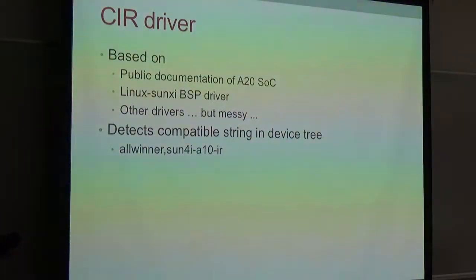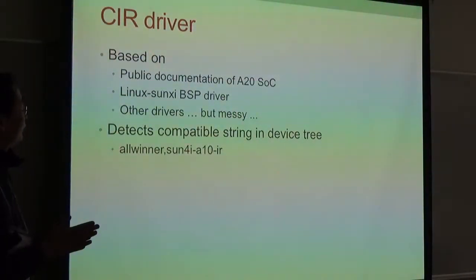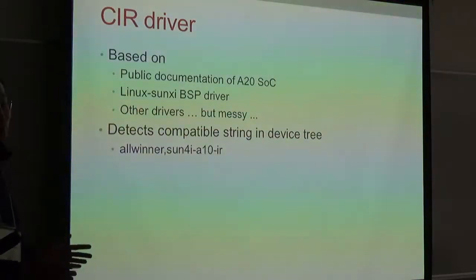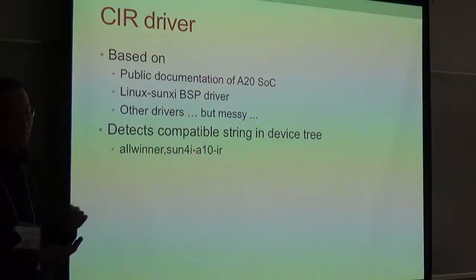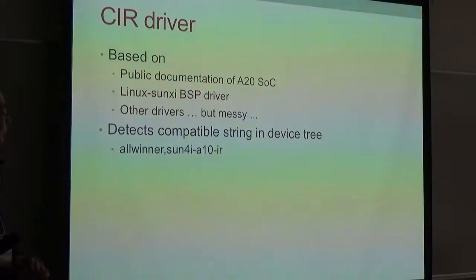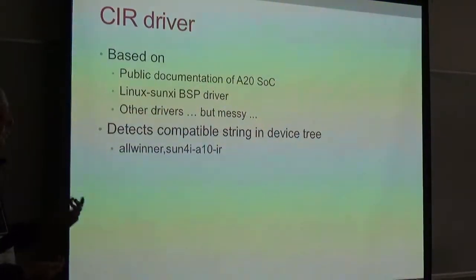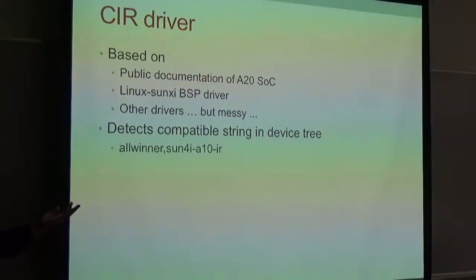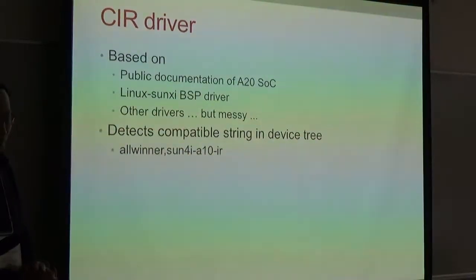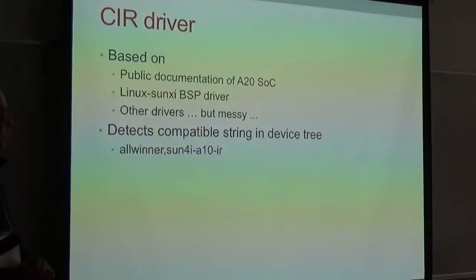The CIR driver itself is based on the public documentation of the A20 SoC, and I found that the Linux Allwinner BSP driver is mostly the useful one, because there are also other drivers based on that, but those are kind of messy, hard to understand, and didn't work for me.